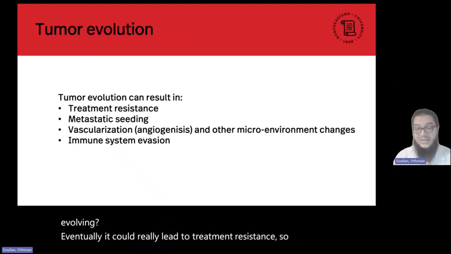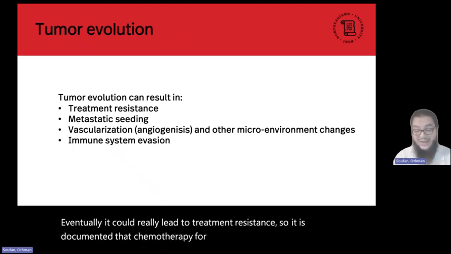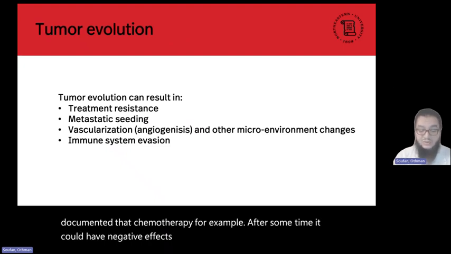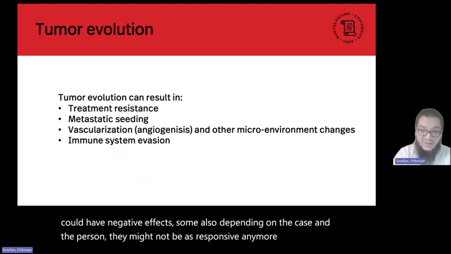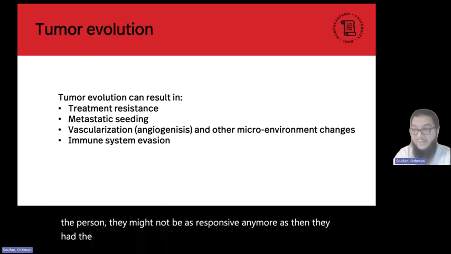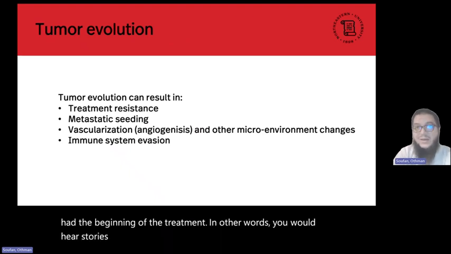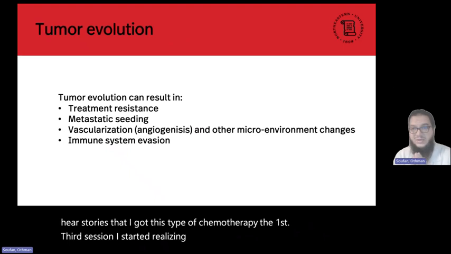So it is documented that chemotherapy, for example, after some time, could have negative effects. Depending on the case and the person, they might not be as responsive anymore as they were at the beginning of the treatment. In other words, you would hear stories like, I got this type of chemotherapy, the first session, second session, third session, I started realizing the tumor is going down.